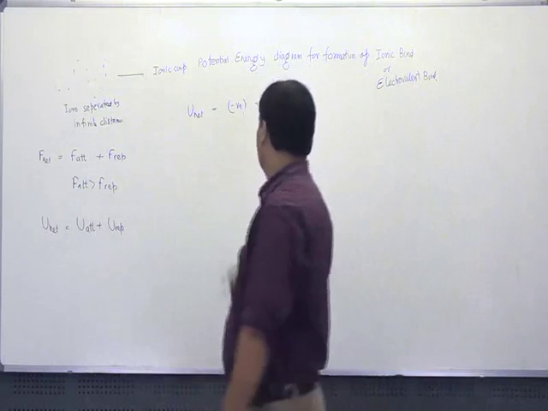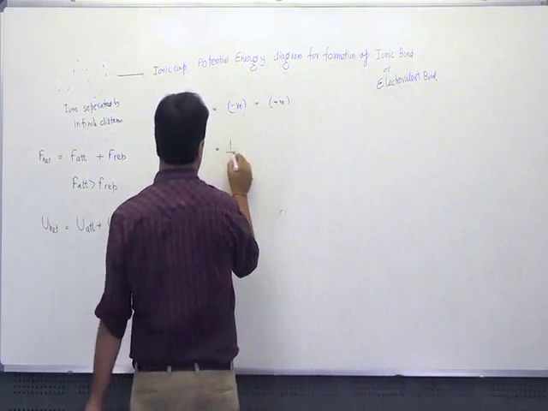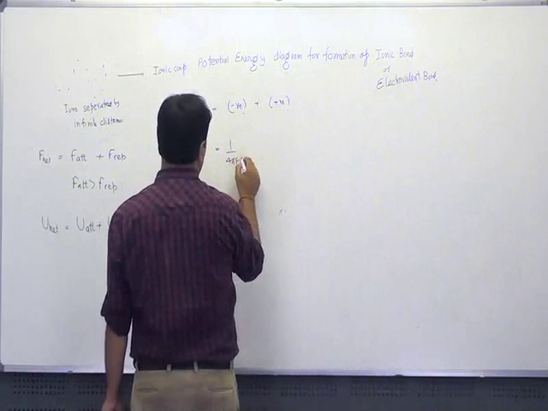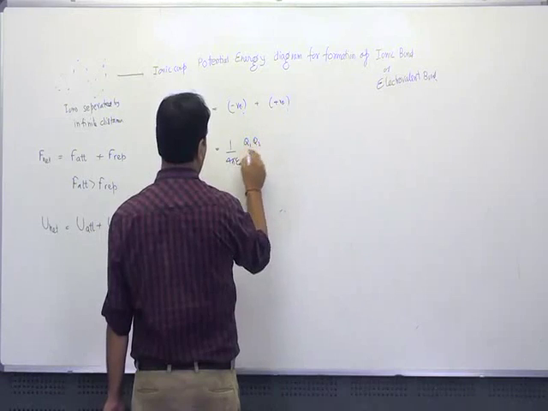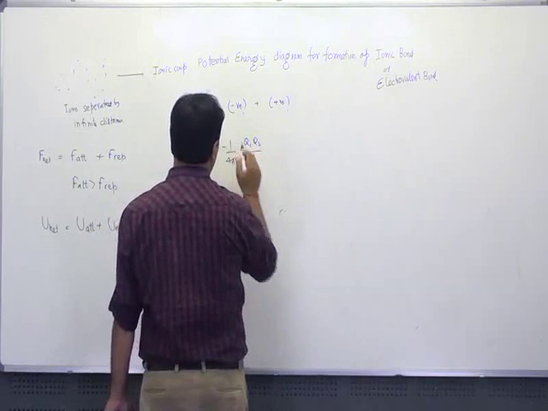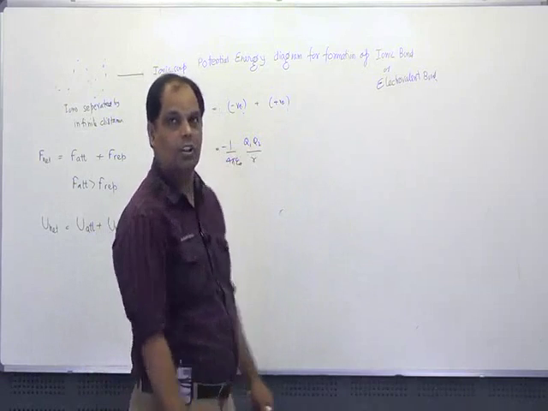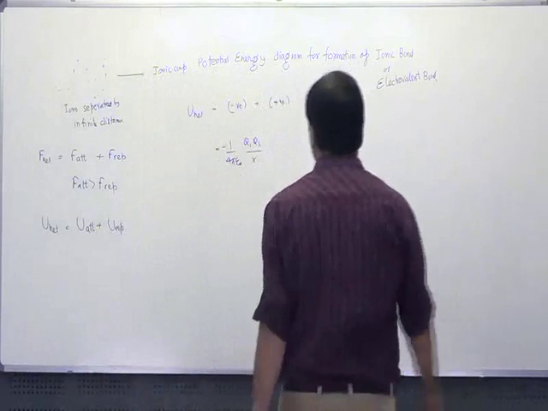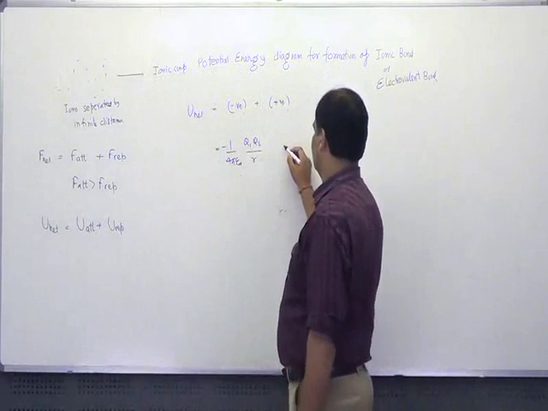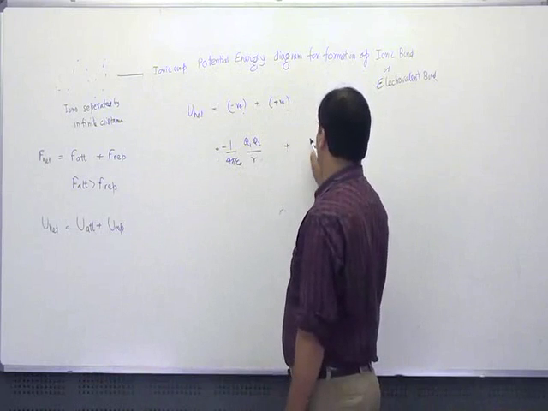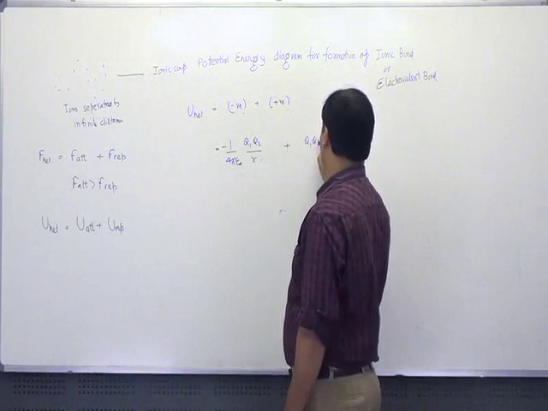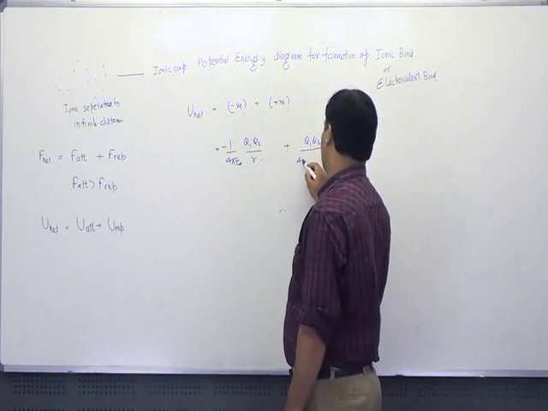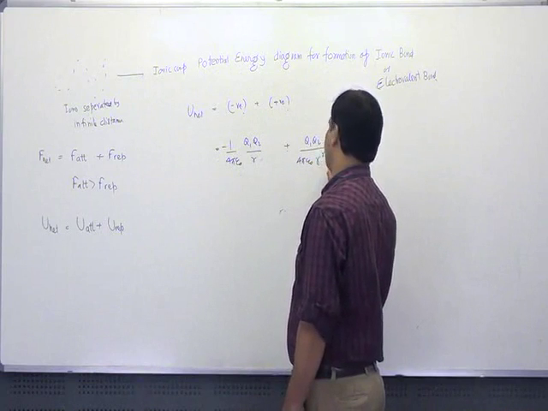Now just see, what is the attractive term? 1 upon 4 pi epsilon naught Q1 Q2 by r, and it will be negative because one charge is positive and another charge is negative. Again, the repulsive term has an expression something like this. It will be positive, Q1 Q2 upon 4 pi epsilon naught r raised to power n.